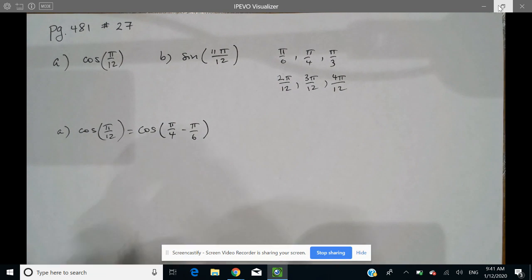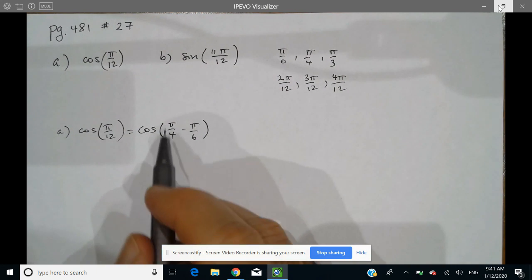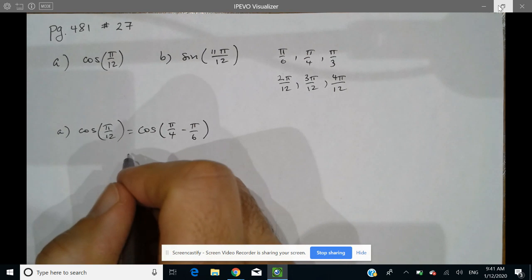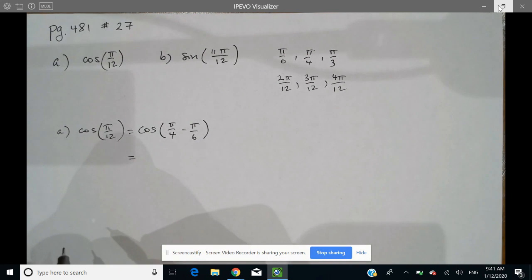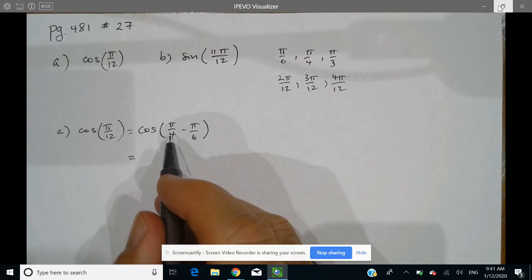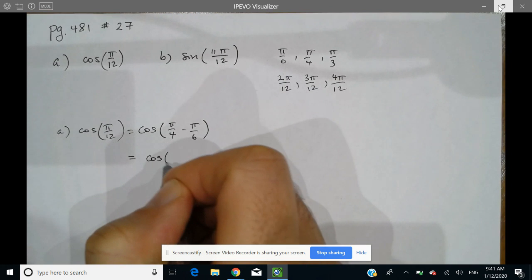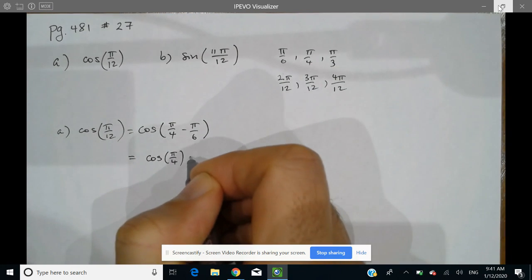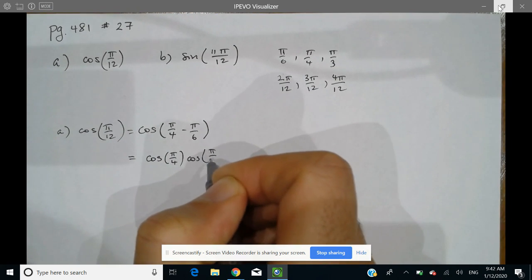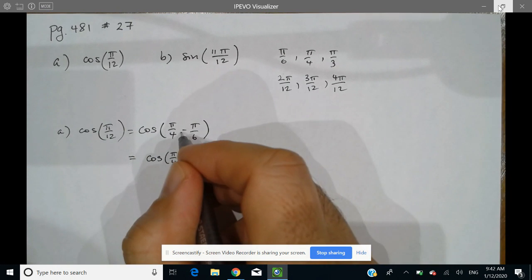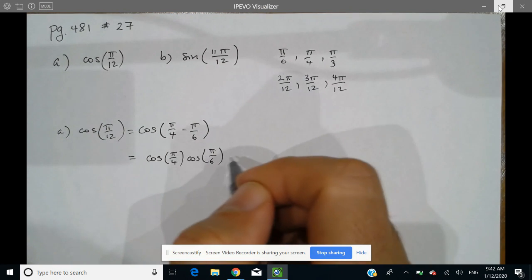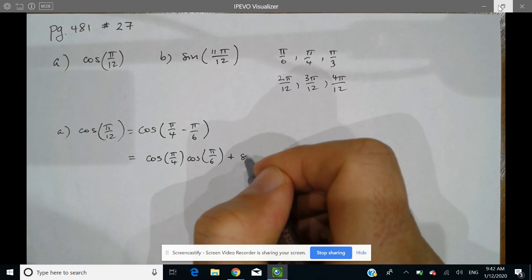But once we have it as the cosine of this combination, we can now use our compound angle formulas, in this case the one for the cosine of a difference. That's given by cos of the first times cos of the second. And subtraction for cosine is the opposite, so plus sine of the first, sine of the second.